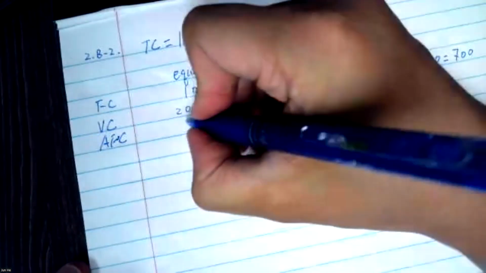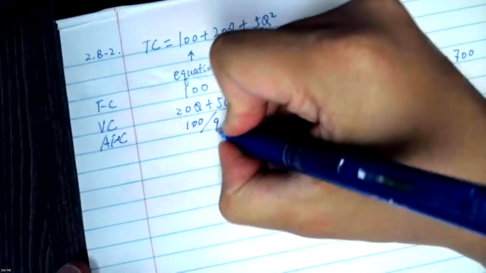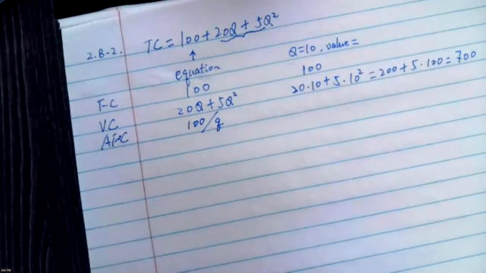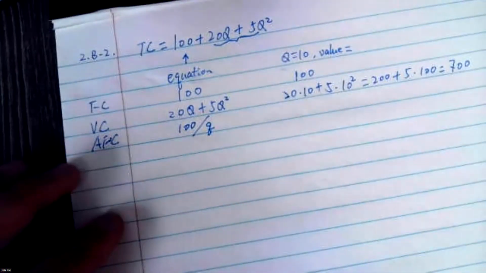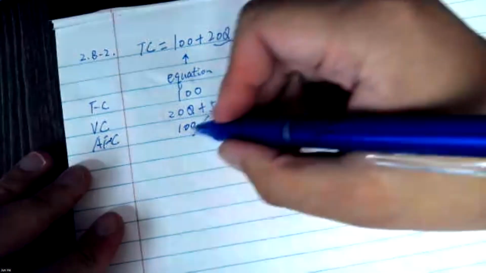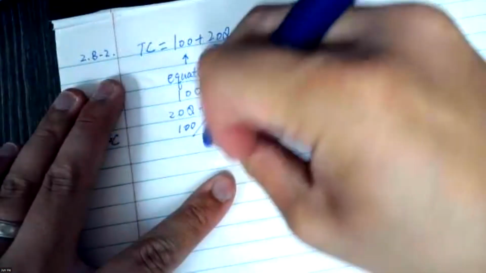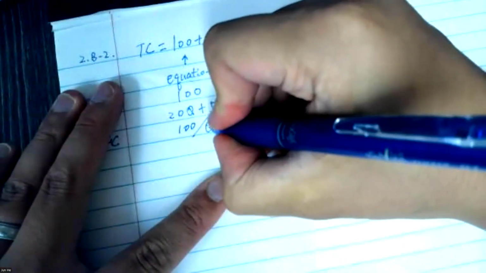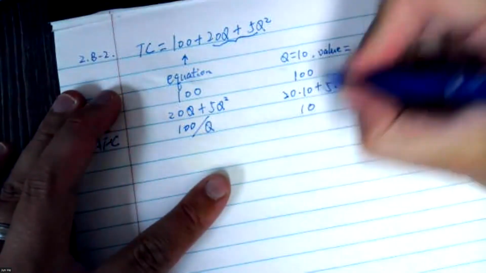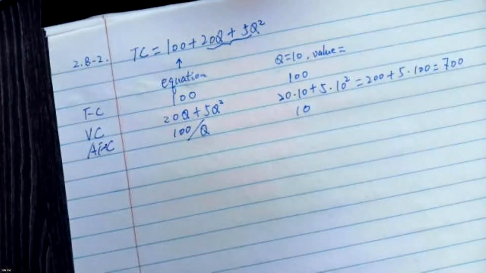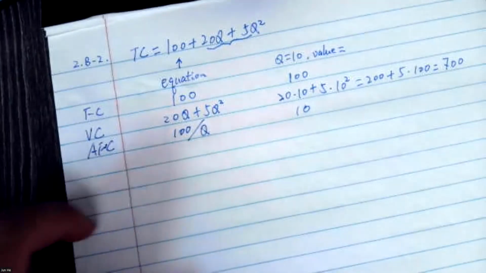That's the variable cost. And average fixed cost, that is fixed cost over Q, right? And when Q equals 10, fixed cost is 100 over 10, which is 10.